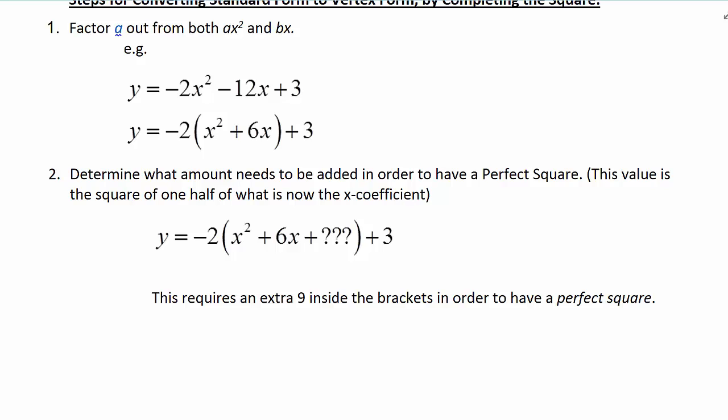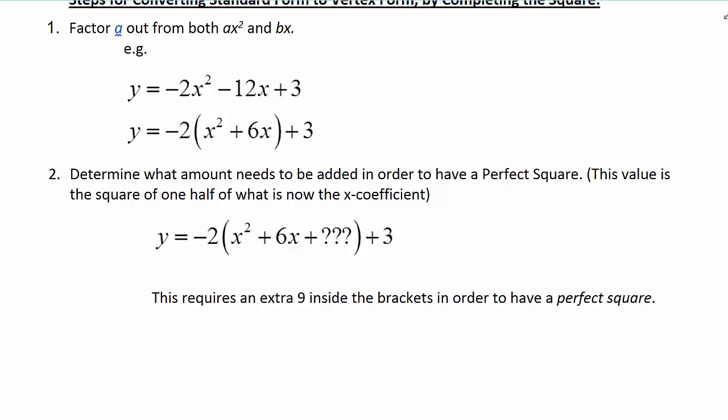The second step is to determine what amount needs to be added in order to have a perfect square. The value that needs to be added turns out to be the square of 1/2 of what is now the x coefficient. The x coefficient now is 6, half of that is 3. When we square 3, we get 9.